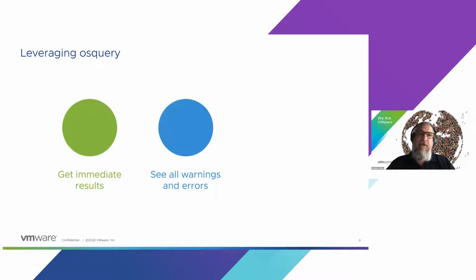Another huge benefit of using OSQuery is you can see all of the warnings and errors. You see some of them in the UI, but not all of them. When you see all the warnings and errors, you have a much better indication of maybe why your query is not exactly correct, and it's much easier to fix things when you're seeing them.